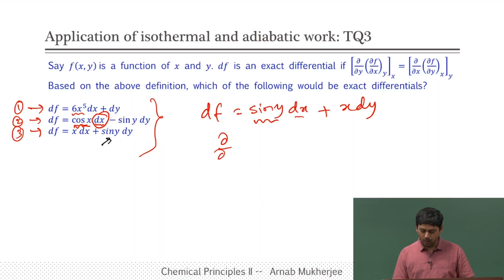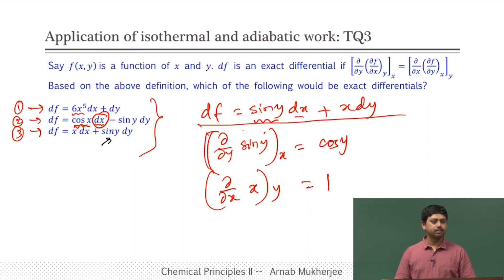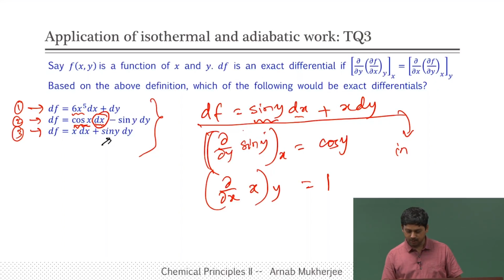So, del/del y of sin y at a constant value of x is equal to cos y, right, and del/del x of x at a constant value of y is equal to 1, and now they are not equal. Cos y is not equal to 1, and therefore this df is not an exact differential. So, this is an inexact differential.